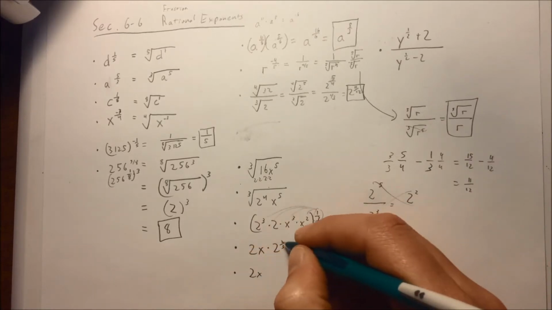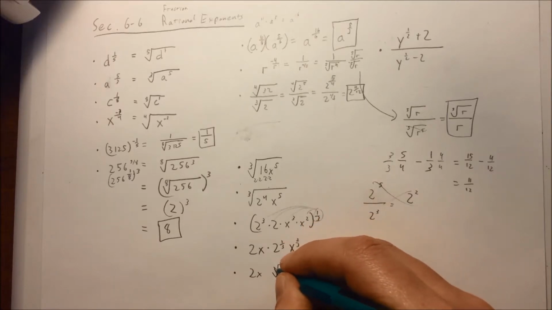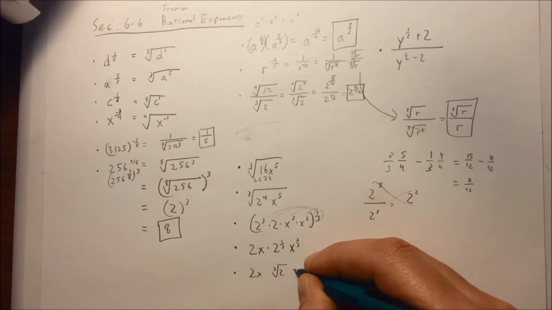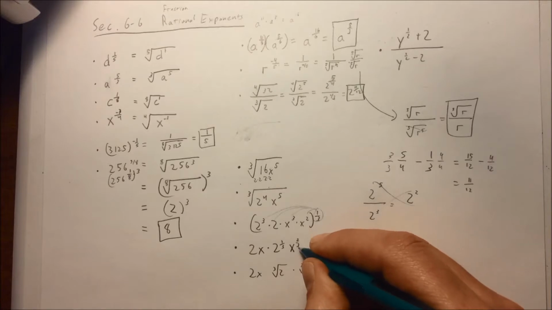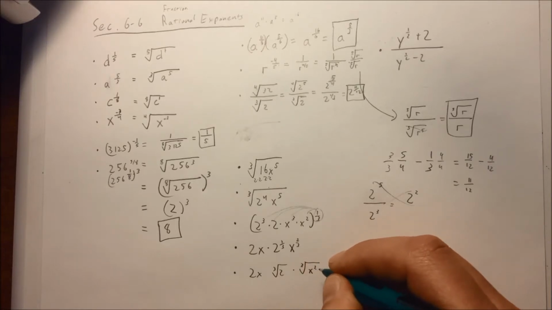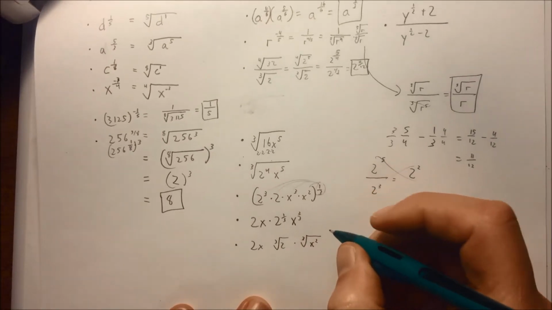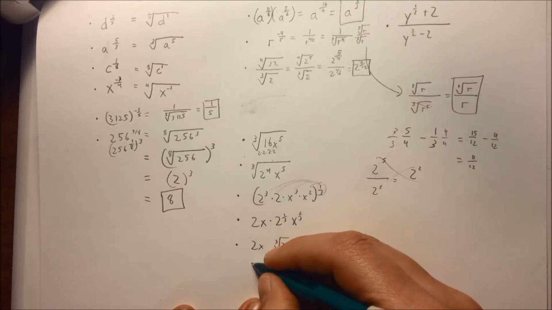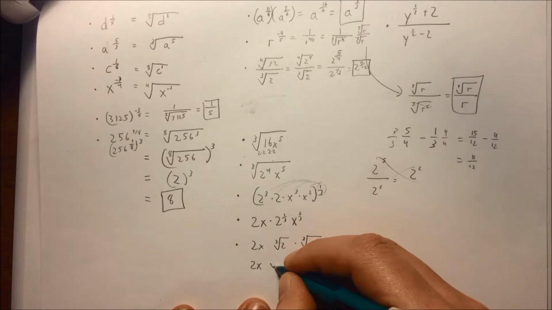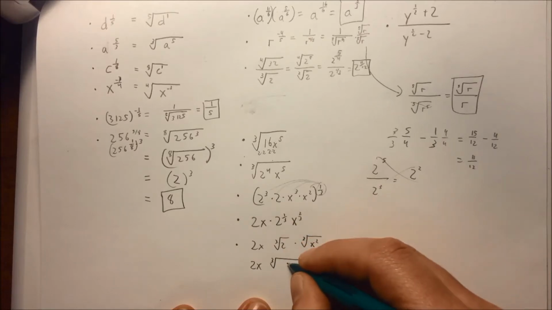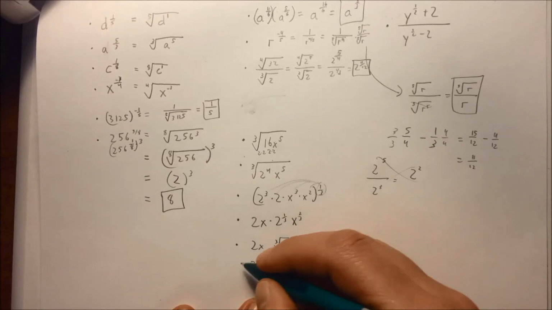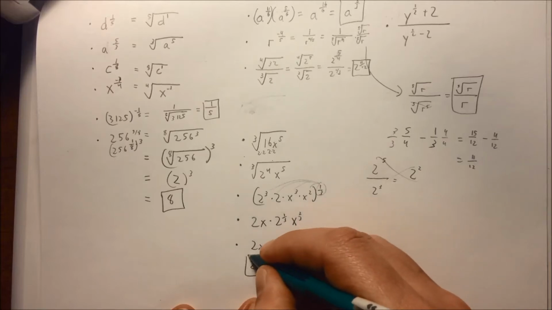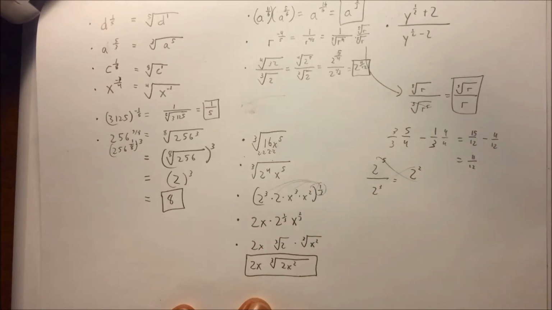So I can rewrite this as the cubic root of 2 and the cubic root of x squared. But since these are both to the third root, it's the cubic root of 2x squared. There we go. We're going to have one more example here in just a moment.